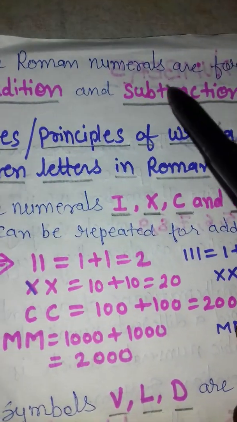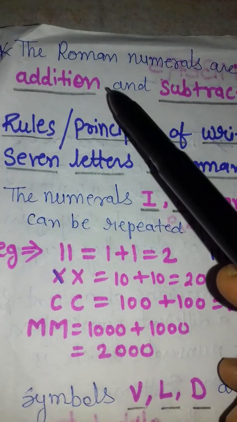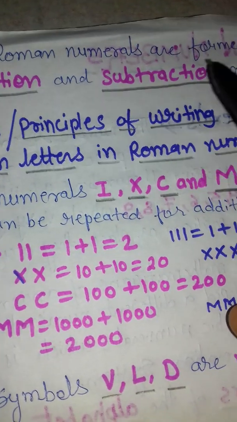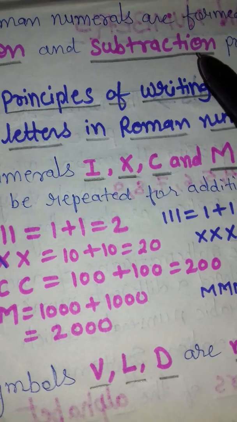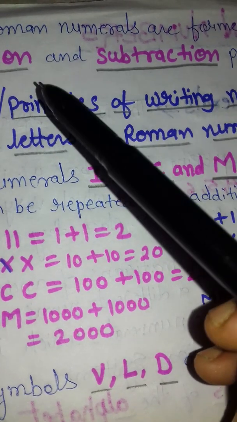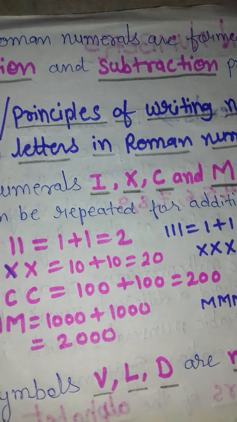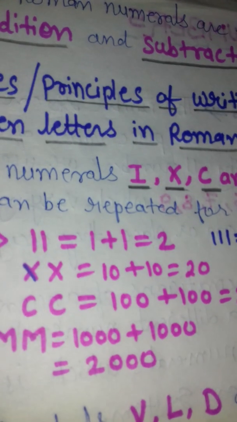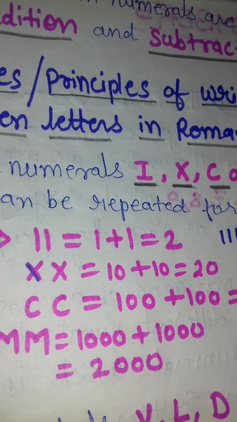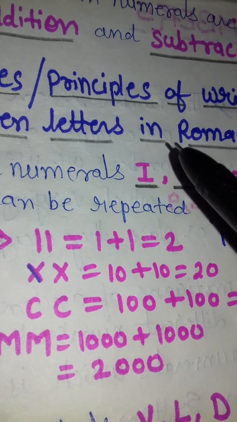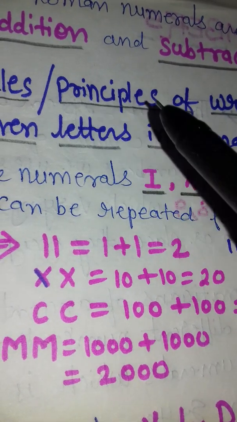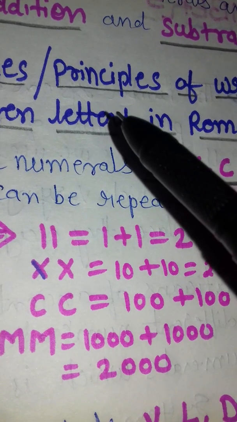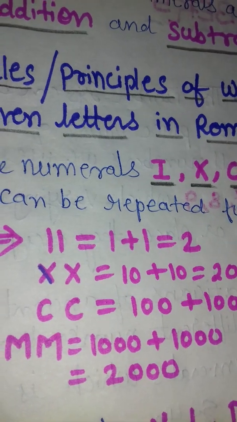These numbers, whether larger or smaller, are formed by this addition and subtraction method. According to these principles, numbers are formed in the Roman number system.